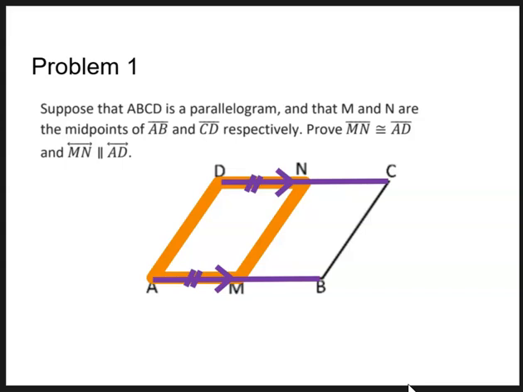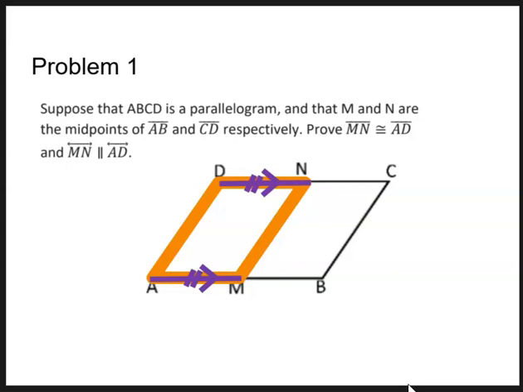Since segments DC and AB are parallel to each other, that means that AM and DN would also be parallel to each other since they are on segments AB and DC respectively. If we can justify that one pair of the sides of the quadrilateral is both parallel and congruent, then we know that the quadrilateral is a parallelogram.